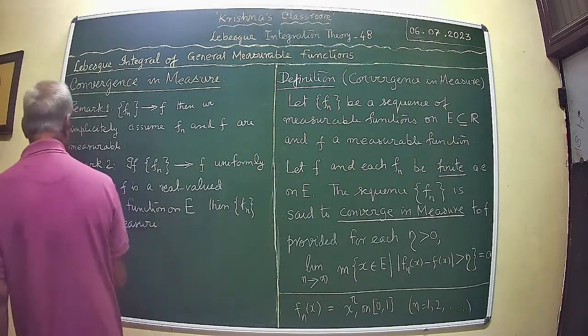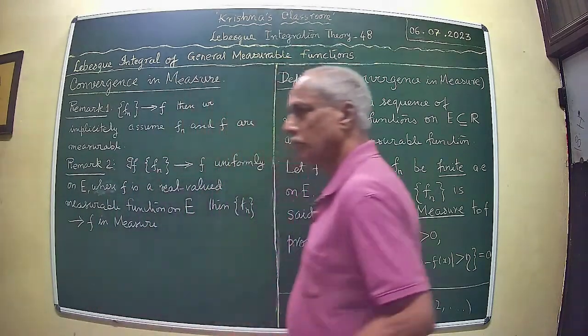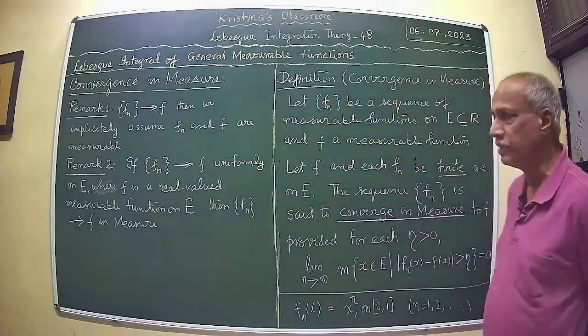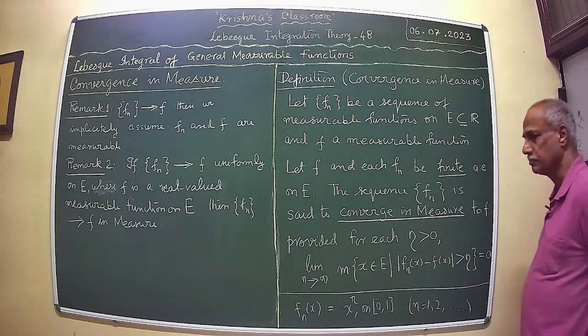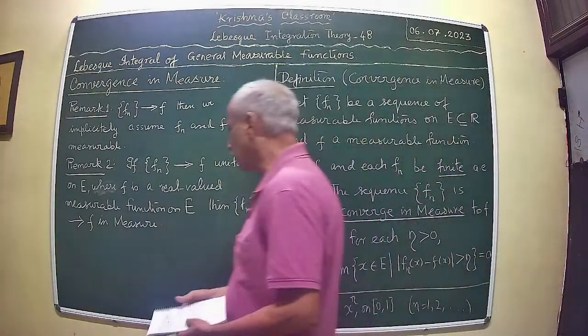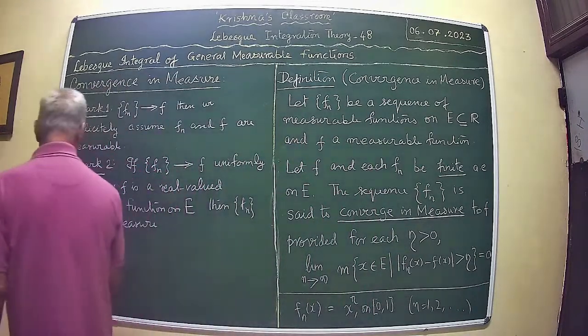Or in other words, what you are saying is that if Fn converges to F uniformly, then Fn converges to F in measure.